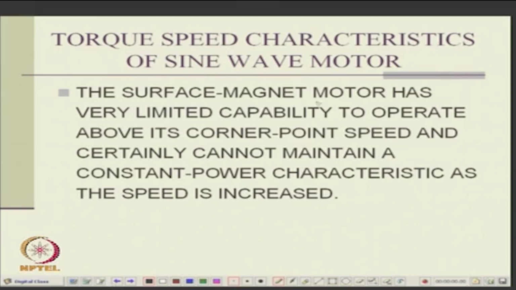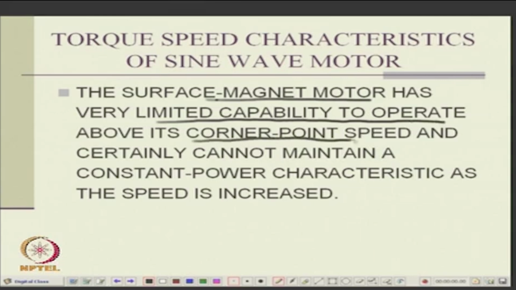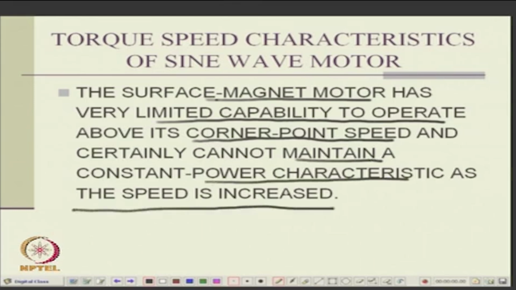So the surface mounted motor has very limited capacity to operate above its corner point speed and cannot maintain constant power characteristics as the speed is increased, right. So you can't go to very high speeds.